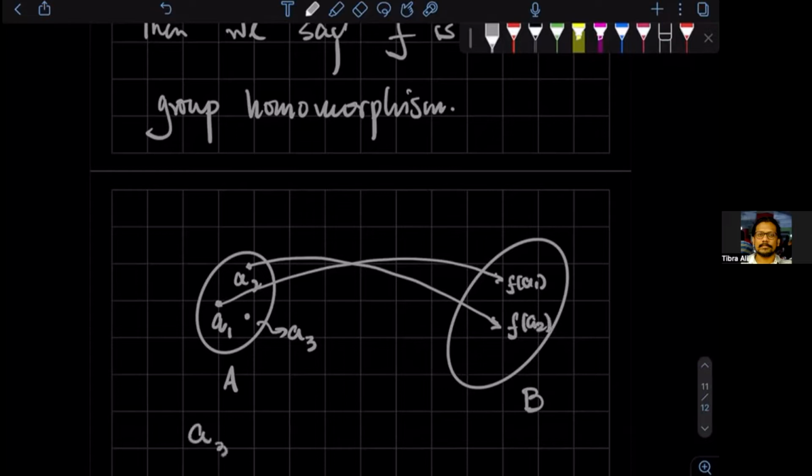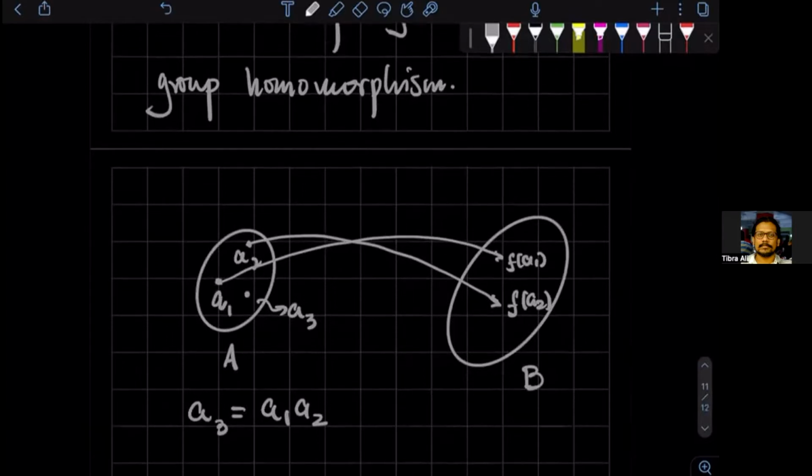In the first group, A3 is A1 times A2. Here in B, there's some element which is F of A1 times F of A2.